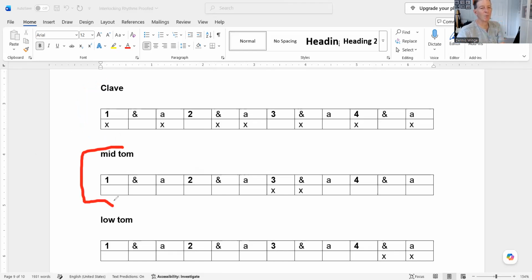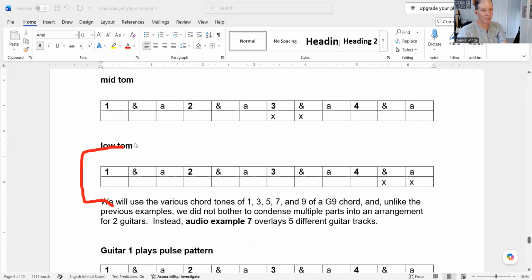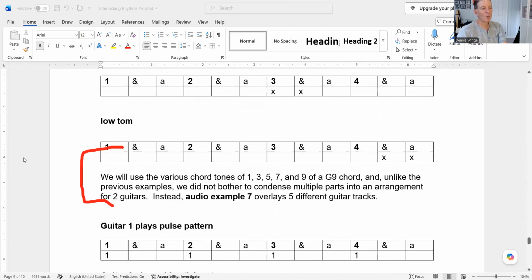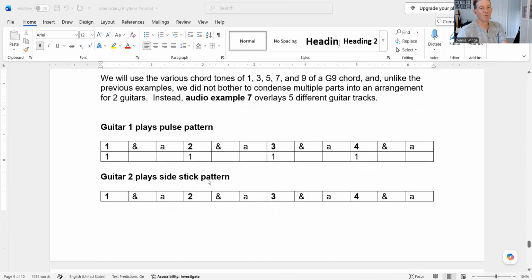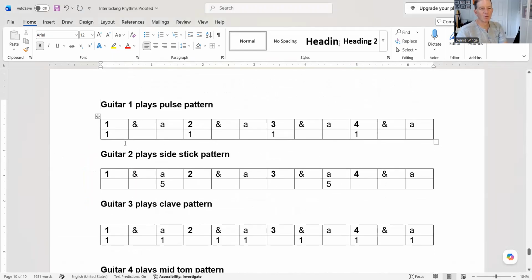The mid tom would be 1, 2, 3, and, and then the low tom would have the same thing, but on the 4 and the end of 4. And then the low tom would be like 1, 2, and. Okay. So exploring all those and then assigning different notes to each one, different tracks.